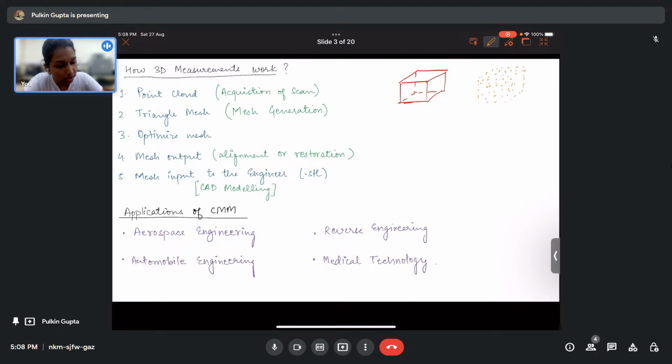This is a whole lot of points, and the number can range from 5 points to 5 million, depending upon the precision of the instrument.